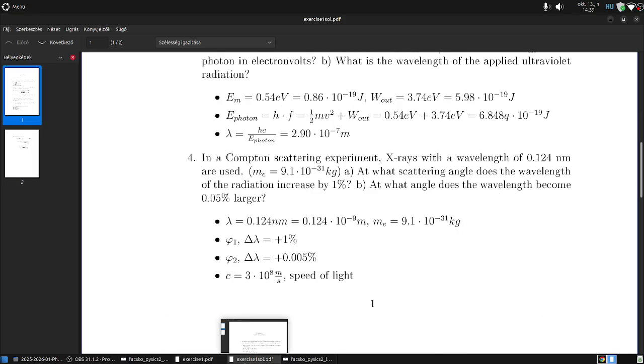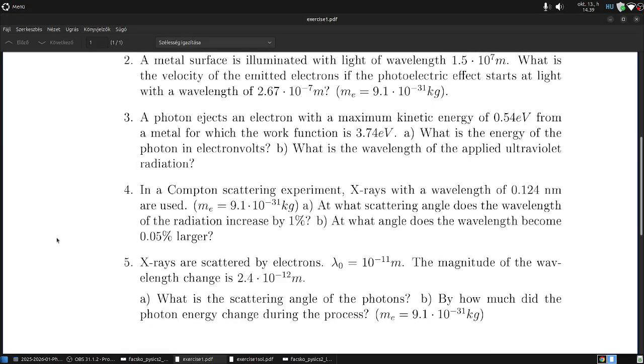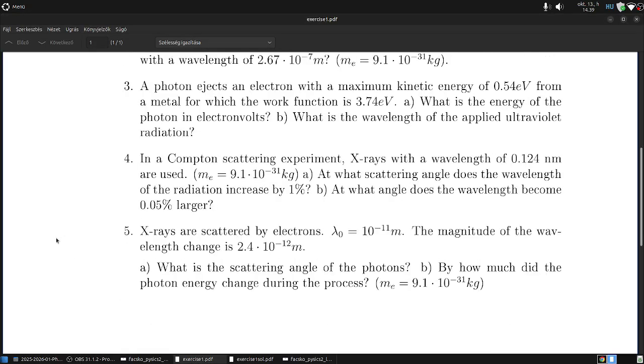Okay, Compton scattering. In a Compton scattering experiment, X-rays with a wavelength of 0.124 nanometers are used.